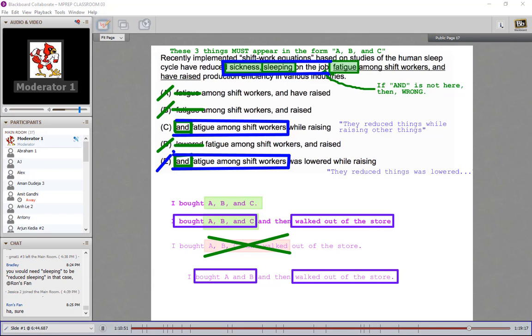Now, the other point to make about this problem is this business at the end right here. It's a non-issue if you notice that there are three things that were lowered. Your attention should be on this anyway, because this is at the border of the non-underlined and underlined part. So you should already be paying attention to that. But what they're doing here is making something as a penalty for not noticing that. That is actually what they're doing there.